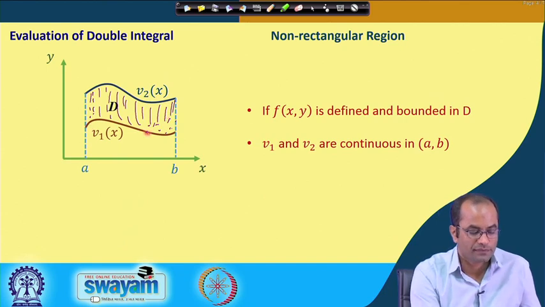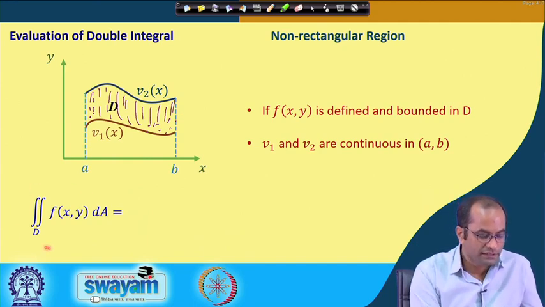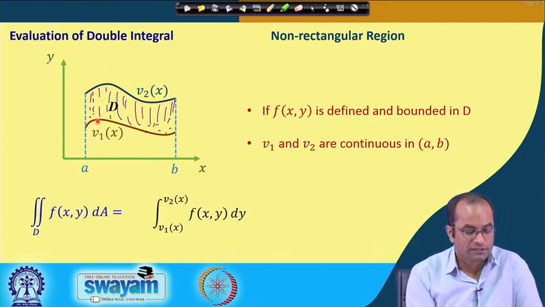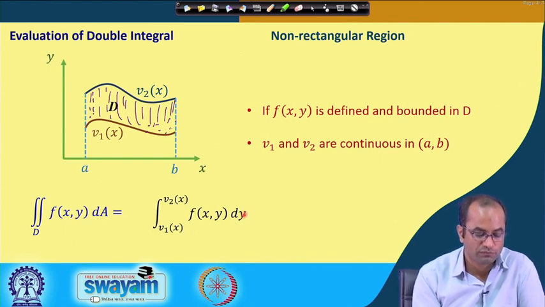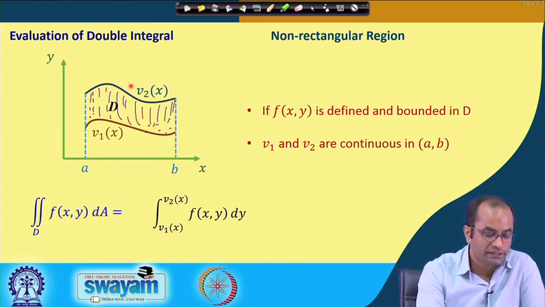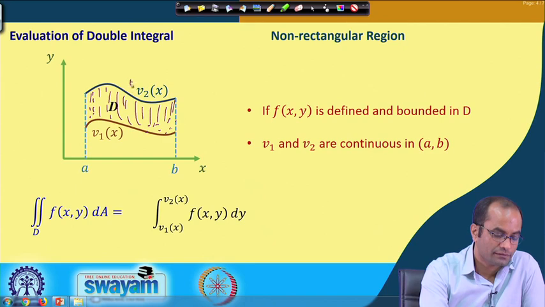So, we have this domain which is depicted in this figure, and we will take the double integral of this f over this domain D. We have to follow this sequencing. First we integrate with respect to y, because for getting the limits, this is the easiest way to understand.